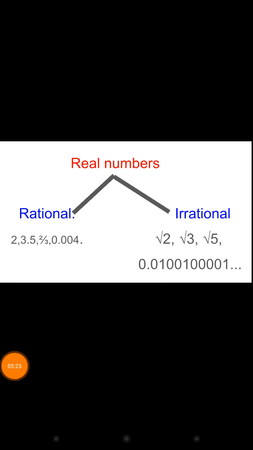We can see in this picture that real numbers are the collection of rational numbers and irrational numbers together.